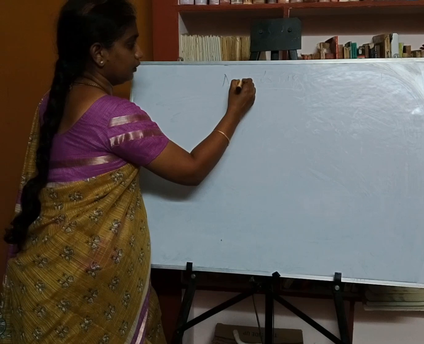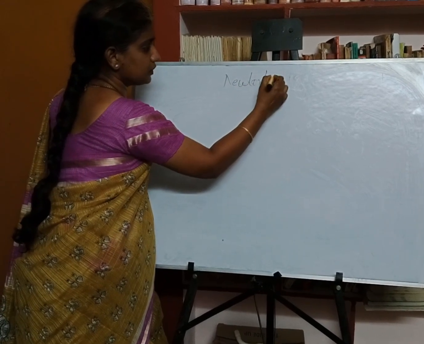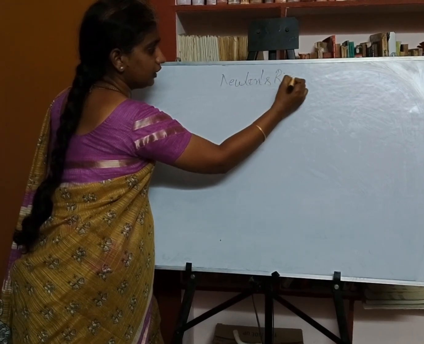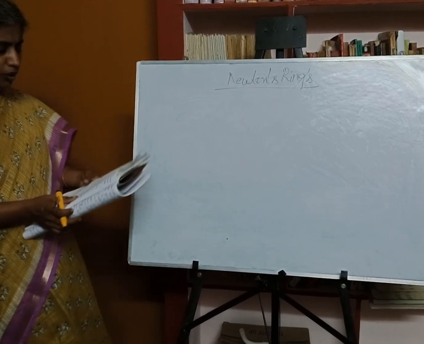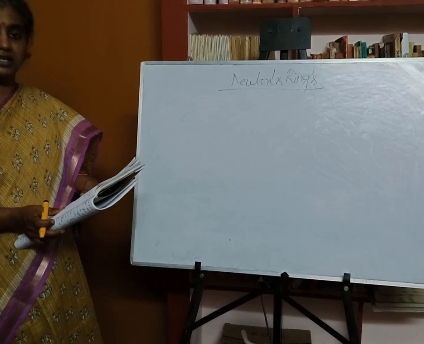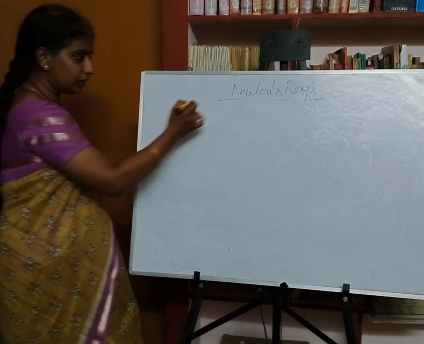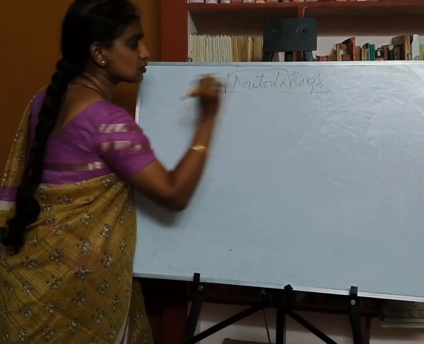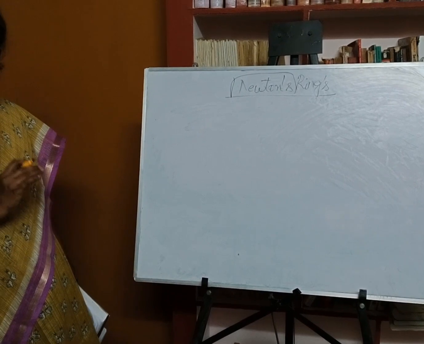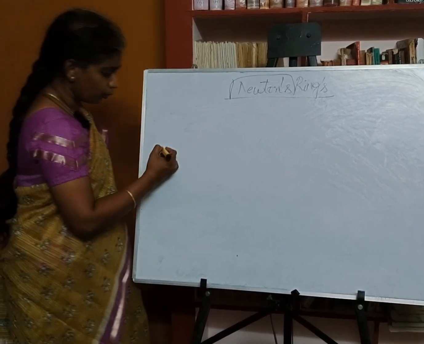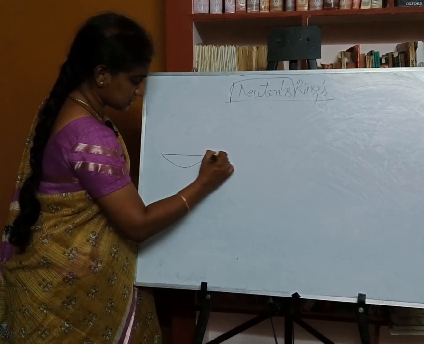The Newton rings concept is very, very important as far as the division of amplitude part is concerned. What is there in Newton rings? This was invented by Newton, hence it is called Newton rings. In this experiment, we have a plano convex lens.